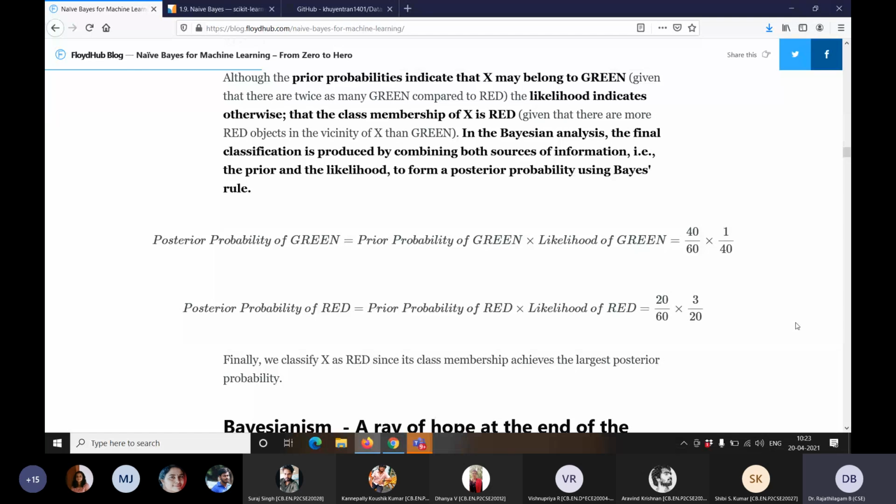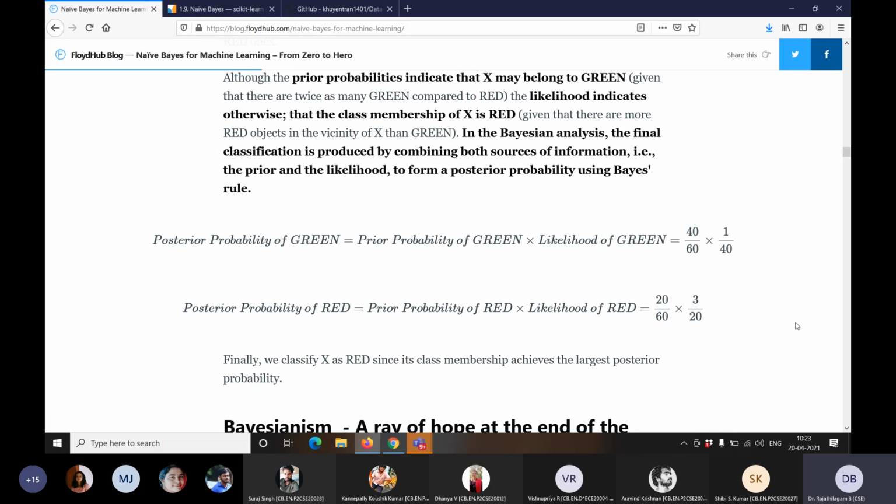Now posterior probability of red. Prior probability of red is 20 by 60, and likelihood of red is 3 by 20. So multiplying the prior and likelihood, you get the posterior. Now with this, which one is higher?